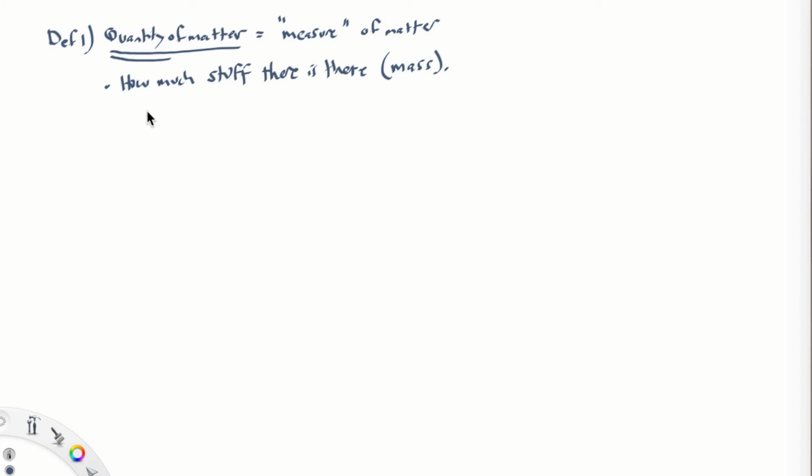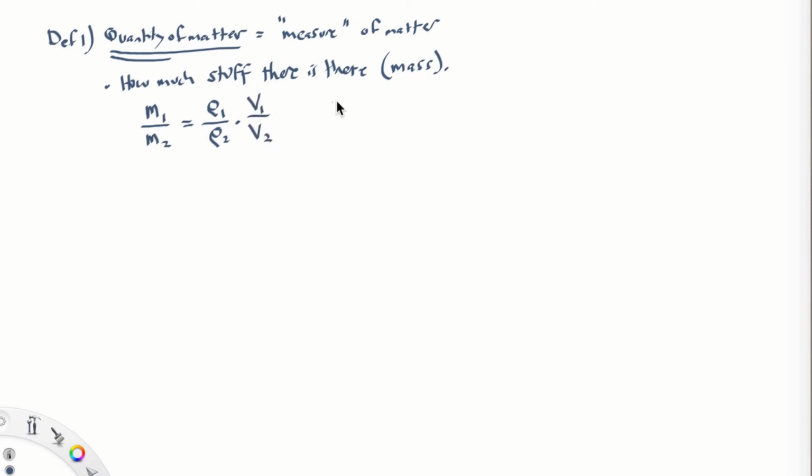So how would we express this? Well, if we talked about mass as m, I'm going to write down a formula here. If you want to compare the quantity of matter in object 1 and object 2, you have to compare both the densities of those two objects and their bulks or their volumes.